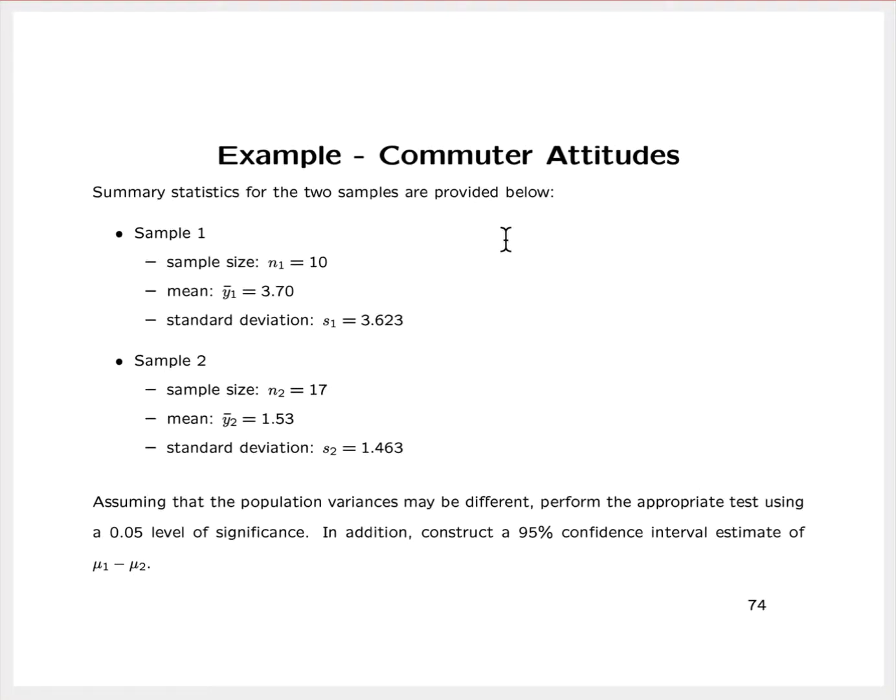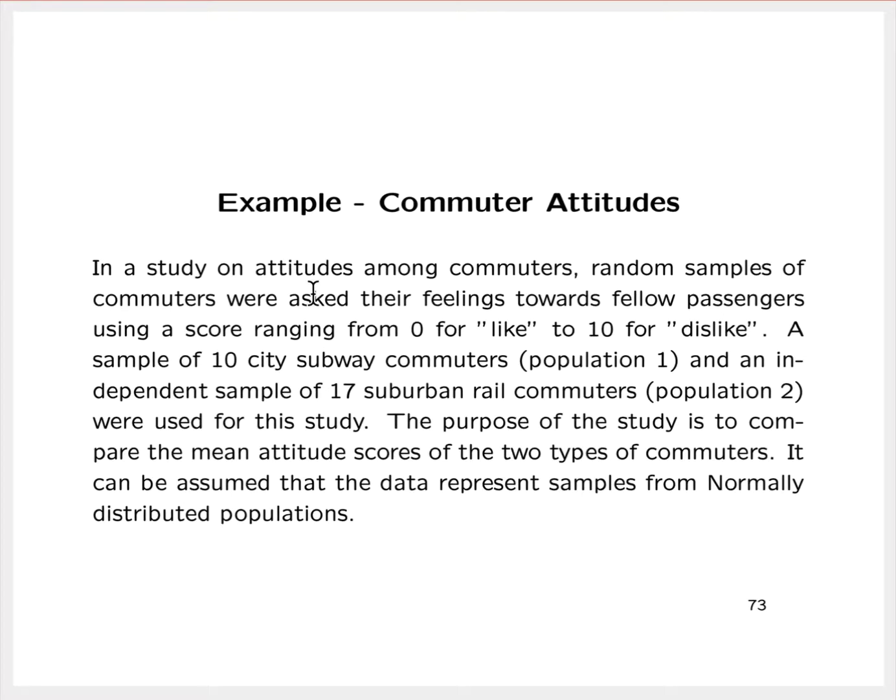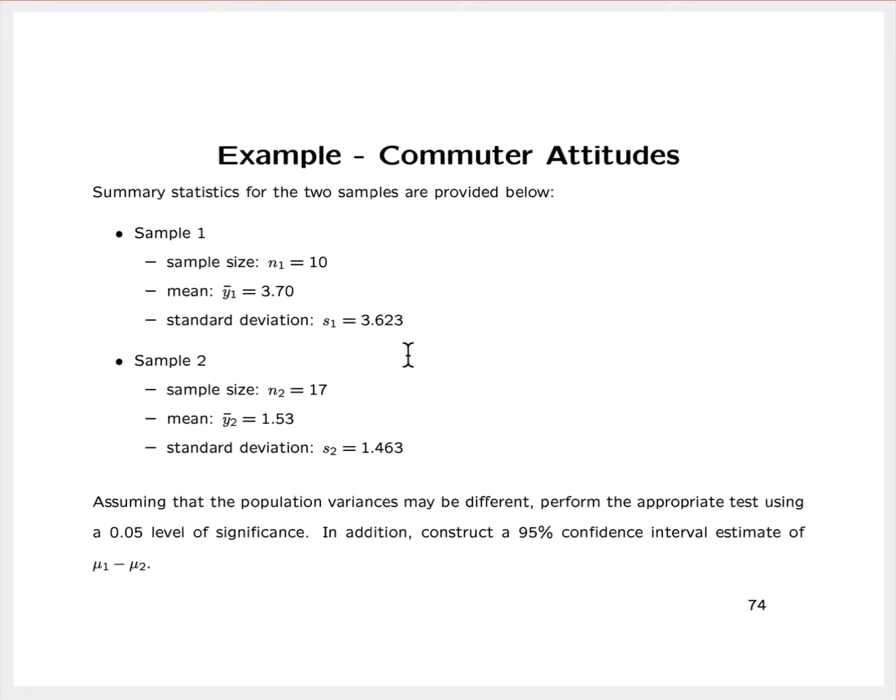Okay, so here we have the summary statistics. So again, sample 1 has 10 observations. The mean score for sample 1, so this was the city subway commuters, their score was 3.7. The standard deviation for that data set was 3.623.